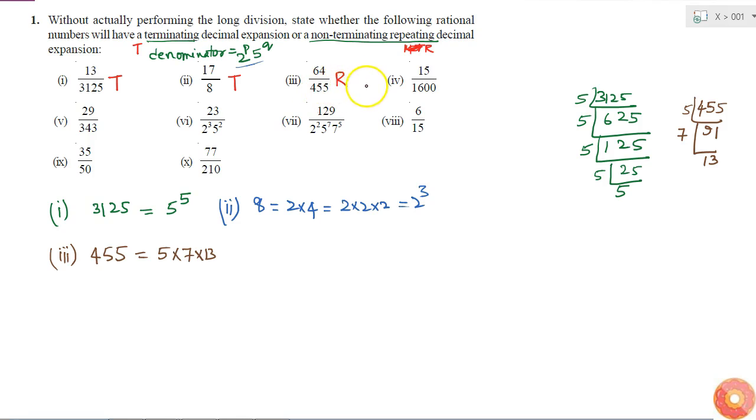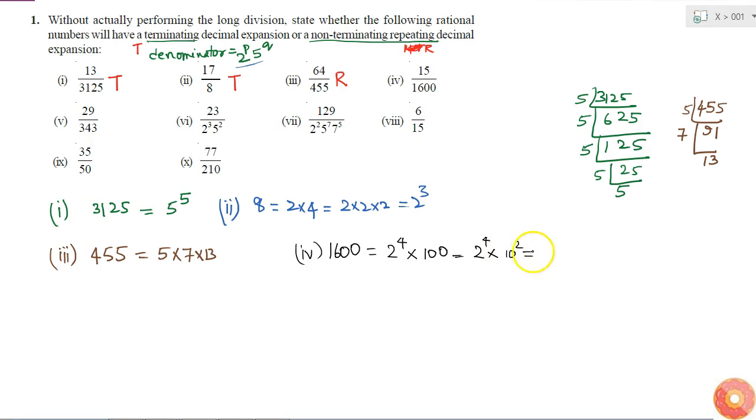Okay, and the fourth part is 1600. I know 16 is equal to 2 to the power 4. So this is equal to 2 to the power 4 into 100, and 100 I can write as 10 square, right?